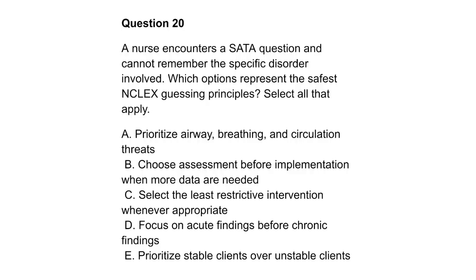Question 20. A nurse encounters a SATA question and cannot remember the specific disorder involved. Which options represent the safest NCLEX guessing principles? Select all that apply. A. Prioritize airway, breathing, and circulation threats. B. Choose assessment before implementation when more data are needed. C. Select the least restrictive intervention whenever appropriate. D. Focus on acute findings before chronic findings. E. Prioritize stable clients over unstable clients.